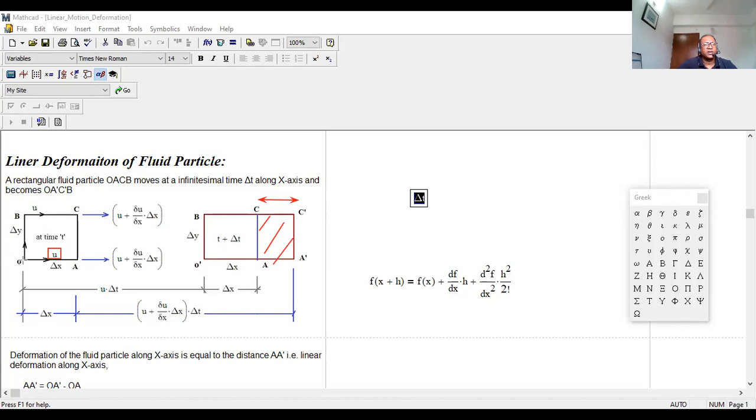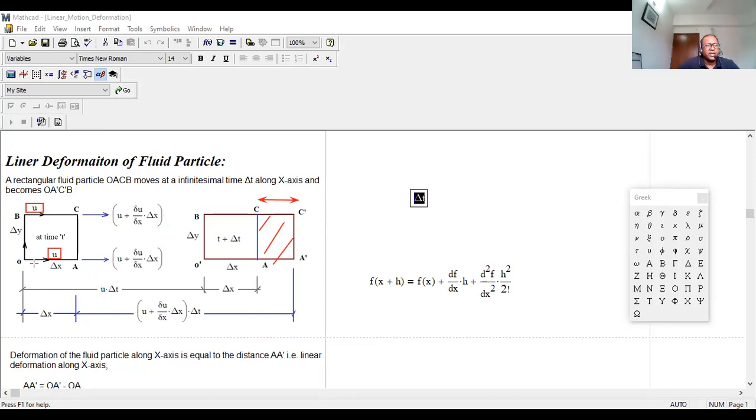That means line O and point A are traveling with the same speed along the y-axis. Then points B and C are traveling along the y-axis, the vertical direction, with the same velocity. But in the x-axis, B and point O have velocity u. But C and A have a different velocity, higher than points O and B.